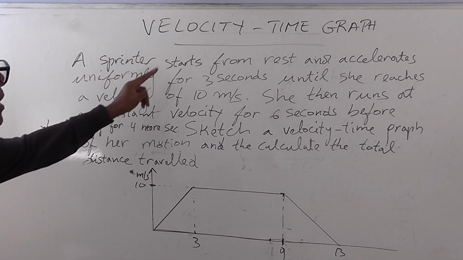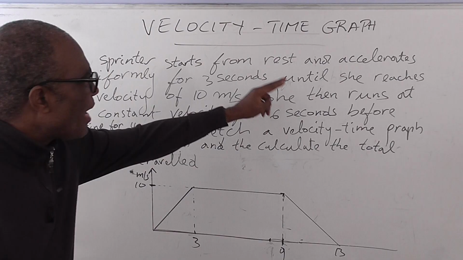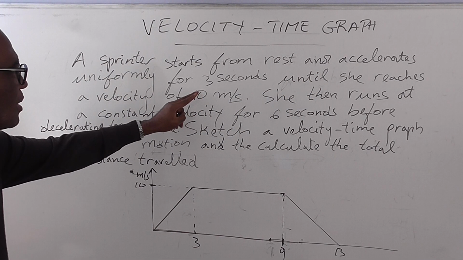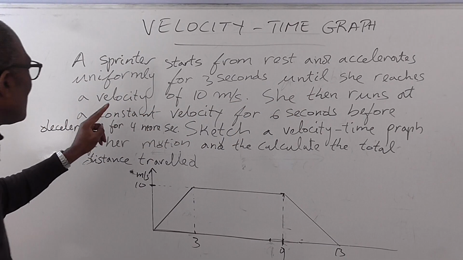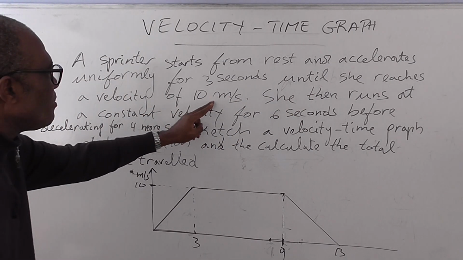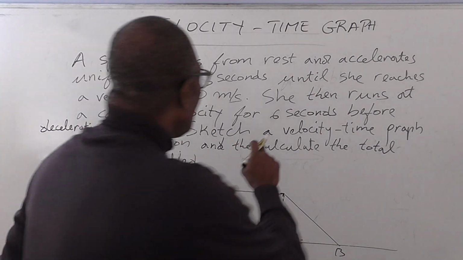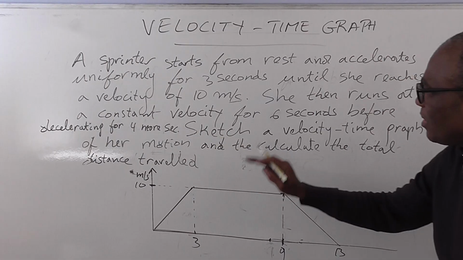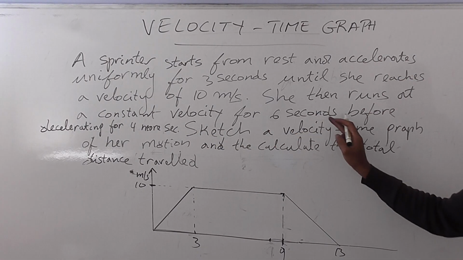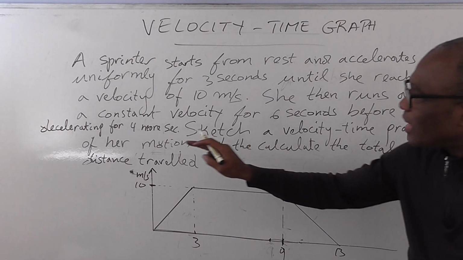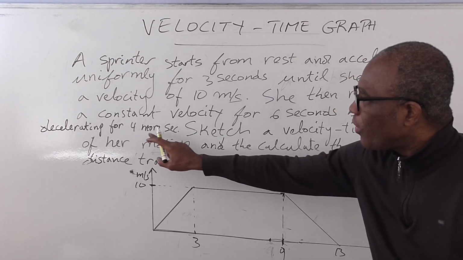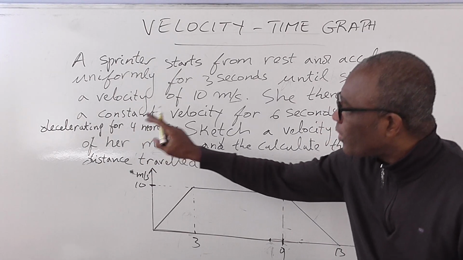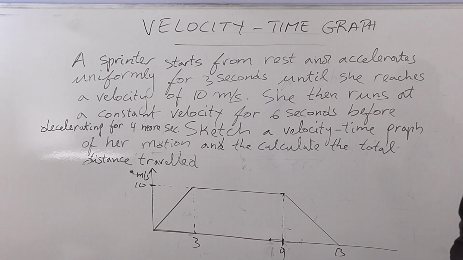A sprinter starts from rest and accelerates uniformly for 3 seconds until she reaches a velocity of 10 meters per second. She then runs at a constant velocity for 6 seconds before decelerating for 4 more seconds.